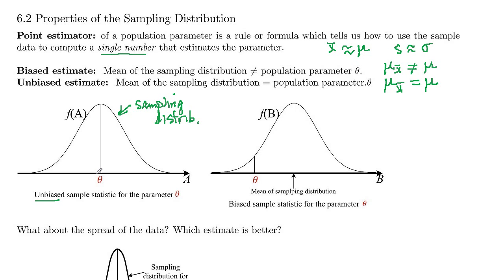That's unbiased. However, here's a biased sample statistic. So here's your sampling distribution again, given by the formula f of b. B is your data. The mean of the sampling distribution is in the middle of this symmetric distribution, but over here is your population parameter that it's trying to estimate. So that's going to be a biased estimate when the mean of your distribution is not equal to the parameter.